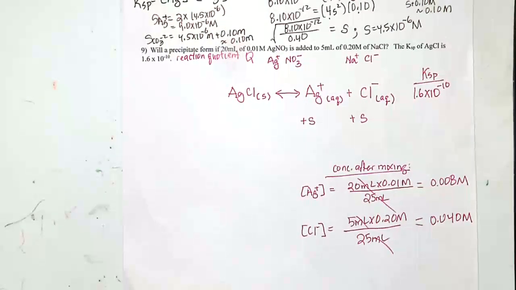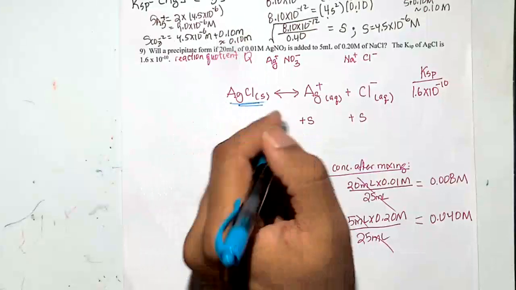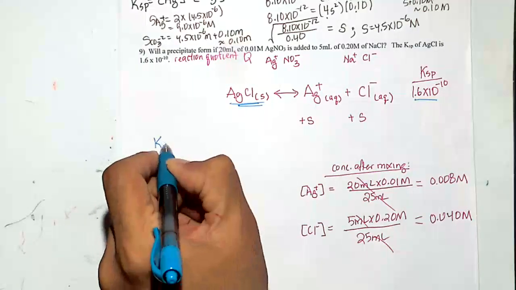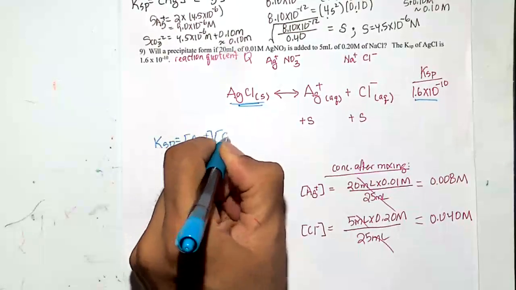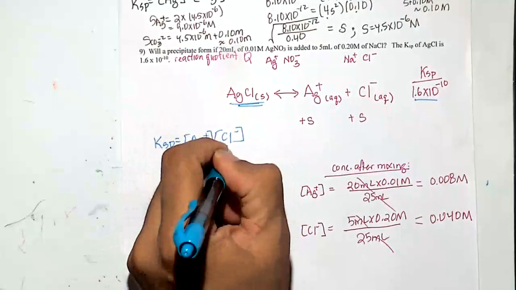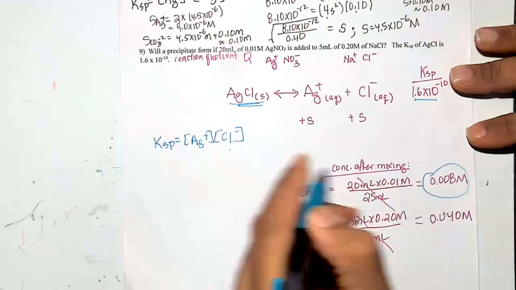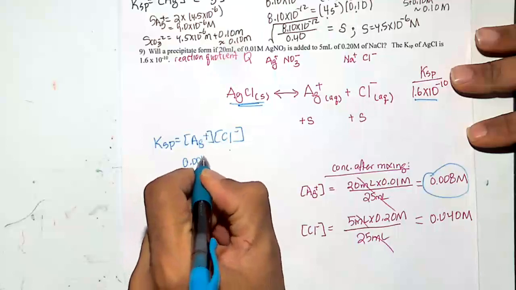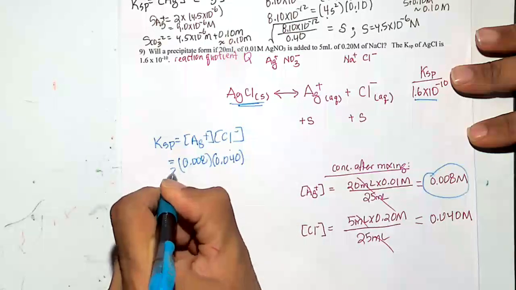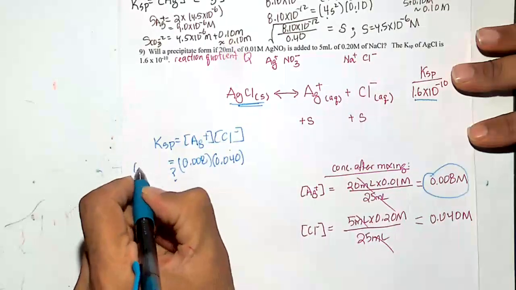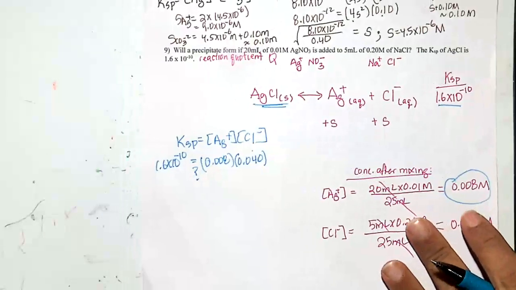So let's plug these into our KSP expression and see if that is enough to precipitate silver chloride, which has this KSP value. So the expression is the concentration of products over reactants. That's S and S, but instead of S, we'll substitute 0.008 and 0.040, and see if that equals its KSP value of 1.6 times 10 to the minus 10.